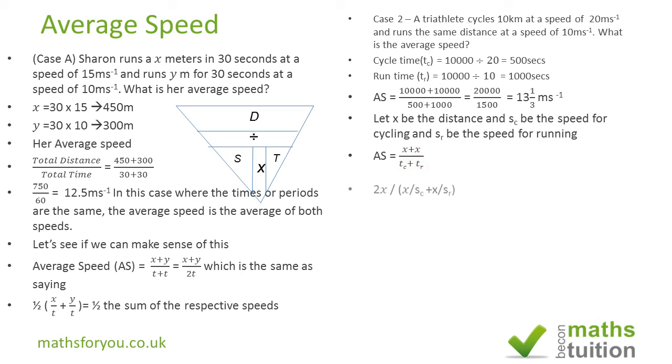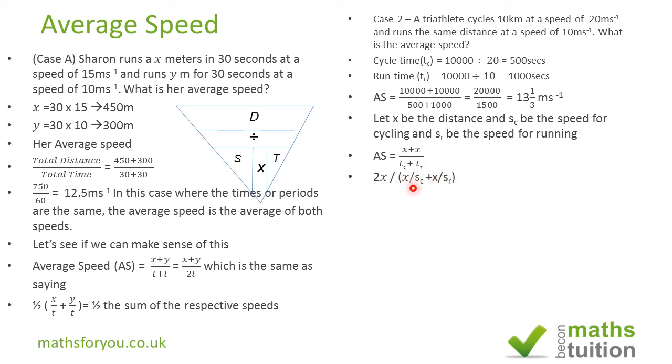That gives us 2X divided by TC plus TR. If you want to express TC and TR in terms of the distance and speed, don't forget that time is distance divided by speed. So we have TC as X over SC and TR as X over SR.